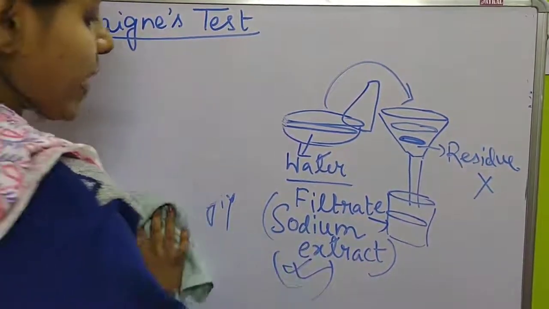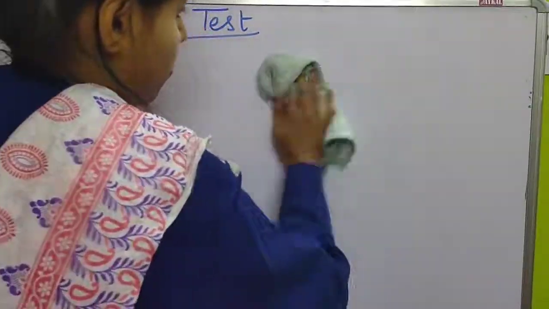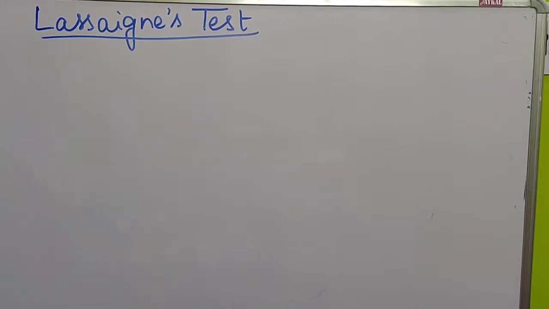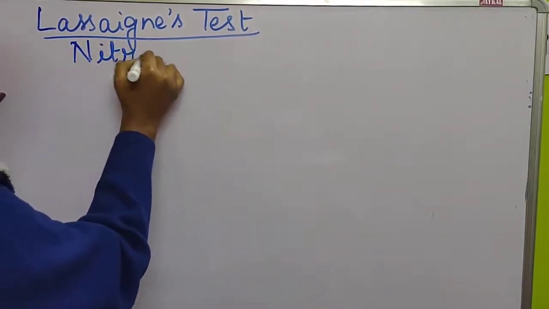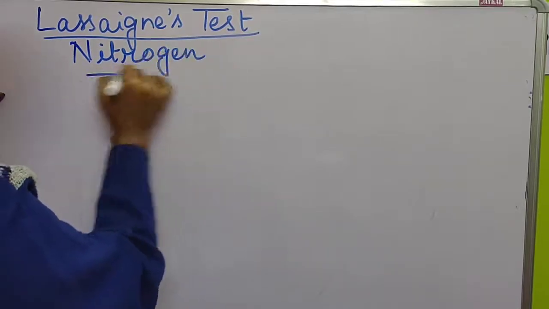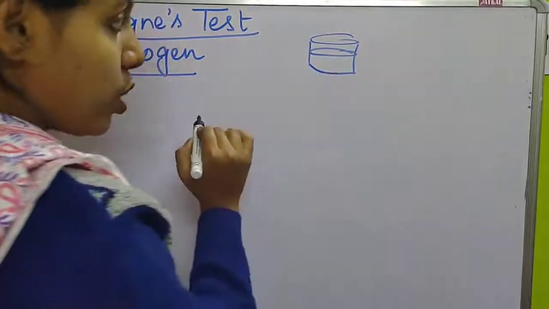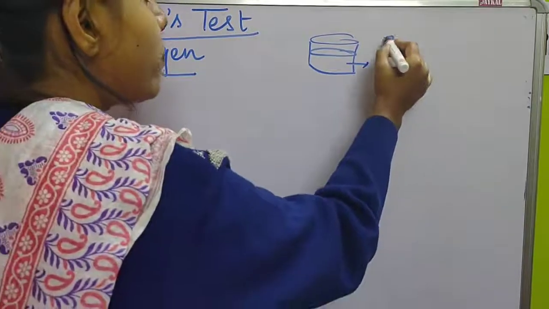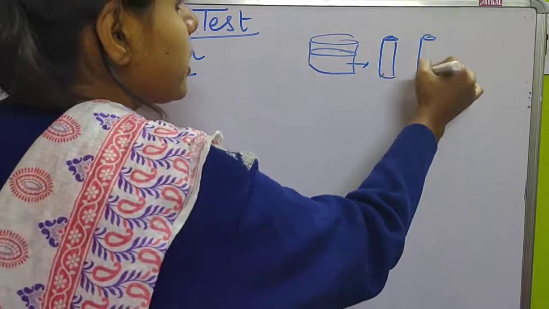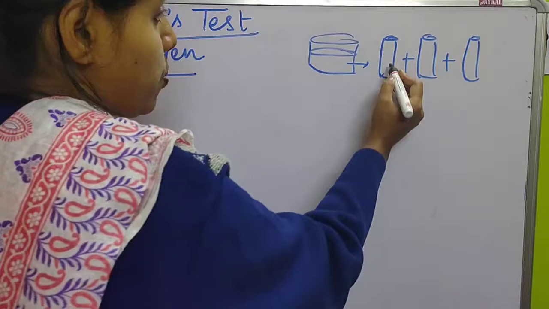So this sodium extract now we have to take. Now what we have to do for the test of nitrogen, okay. So this sodium extract that you have got here, that liquid that we have got after filtration, now you have to separate it in individual test tubes, okay.